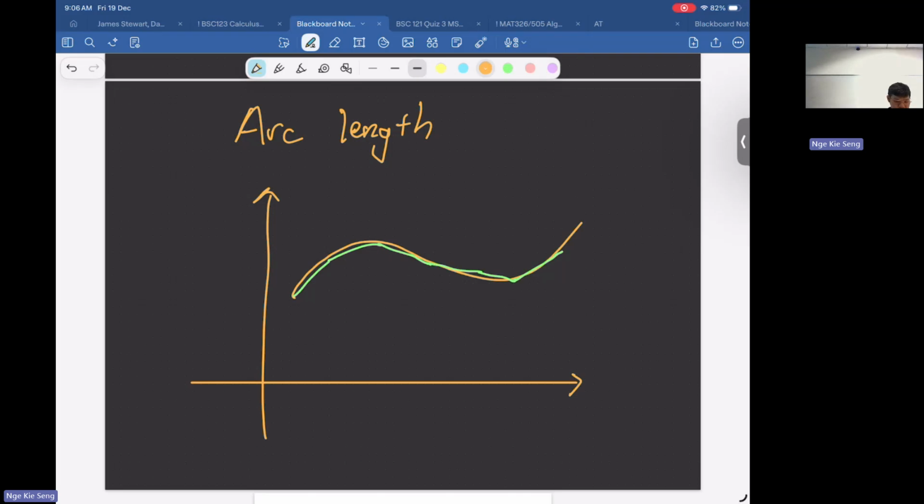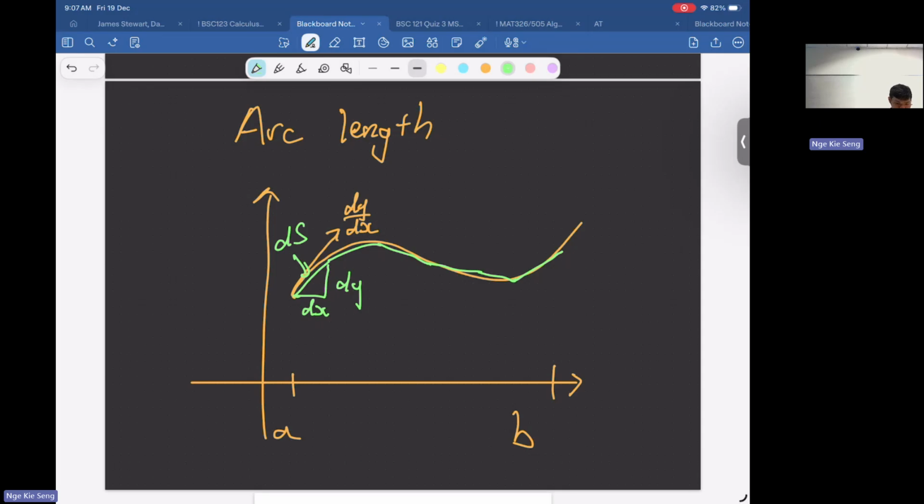This gives us a formula, and the formula depends on dy and dx, because we label this small straight line as approximated by a right angle triangle that can be written as dx in width and dy in height.